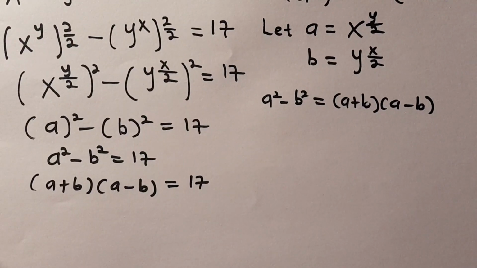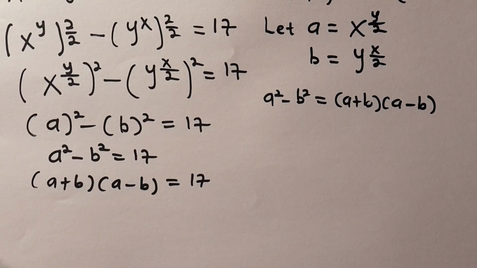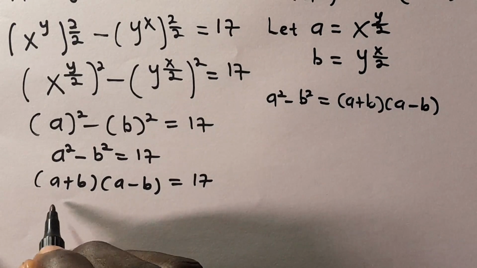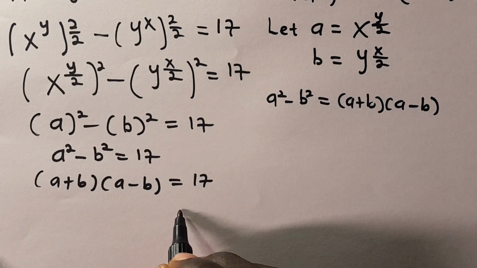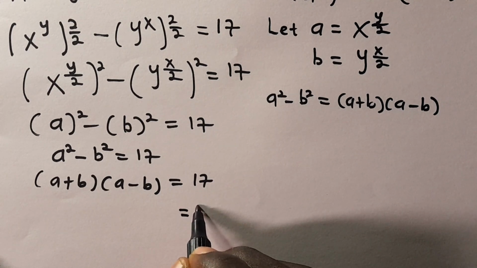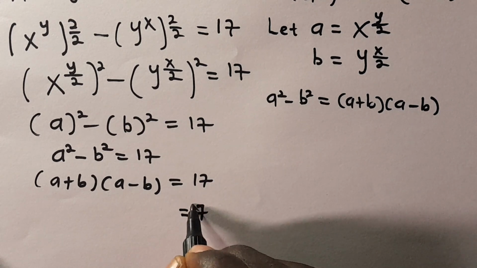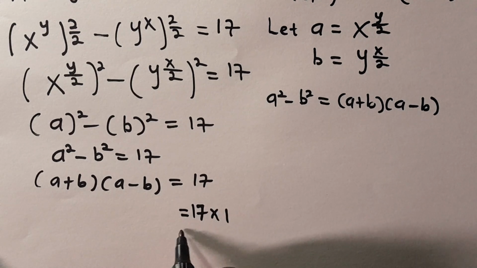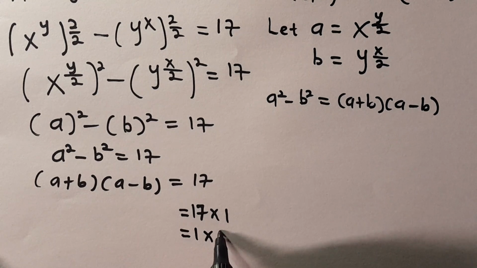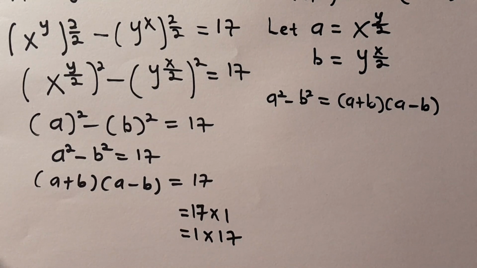Now from here we believe that we can have 17 multiplied by 1, or we can have 1 multiplied by 17.